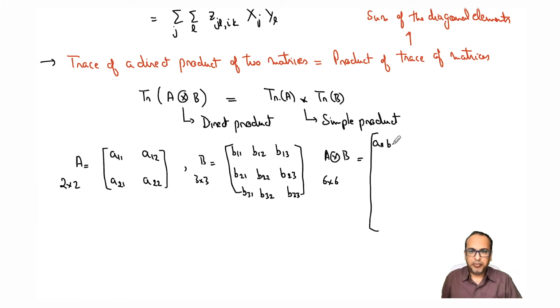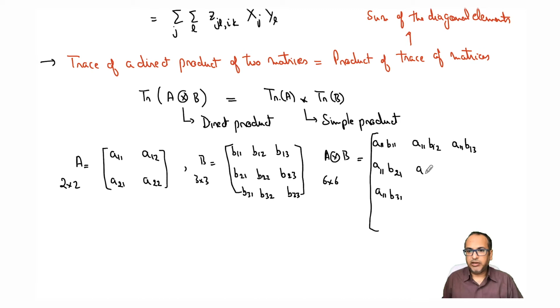Now that gives you A11 B11, A11 B21, A11 B31. So I've multiplied A11 first. I've picked up this A11 over here, and I've multiplied it with all the matrix elements here, like this. So A11 B12, A11 B13.